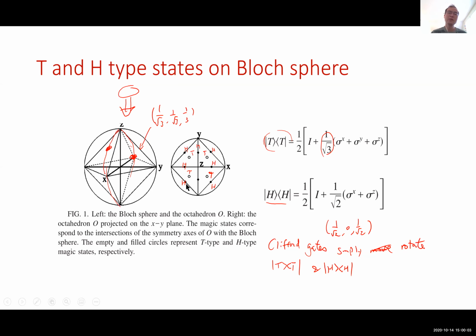Meaning that all these are useful states. So H and T type states are useful, as we have seen earlier, right? But it's interesting to see that these lie outside this octahedron.